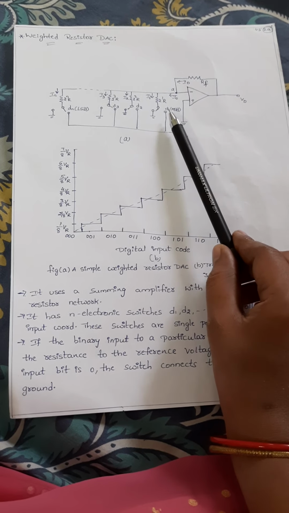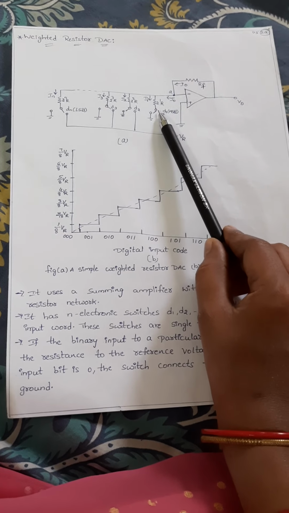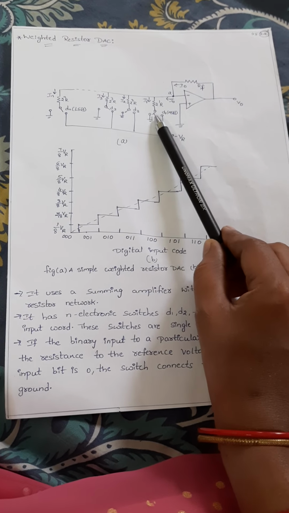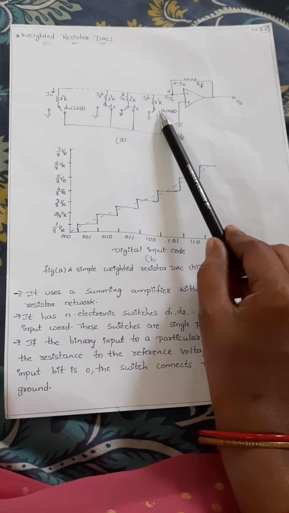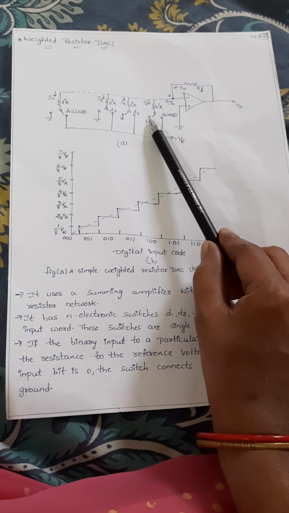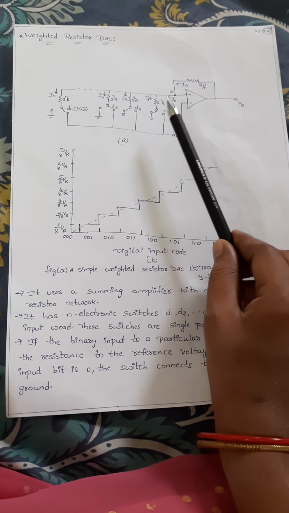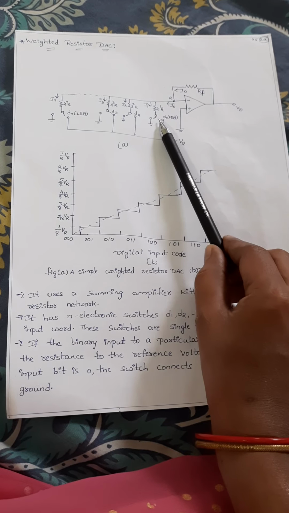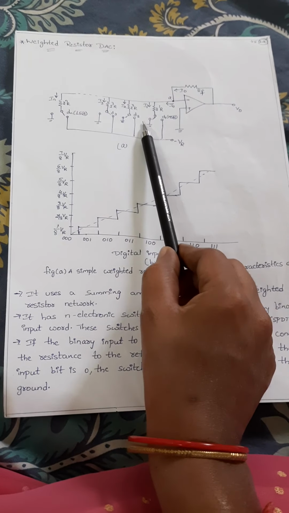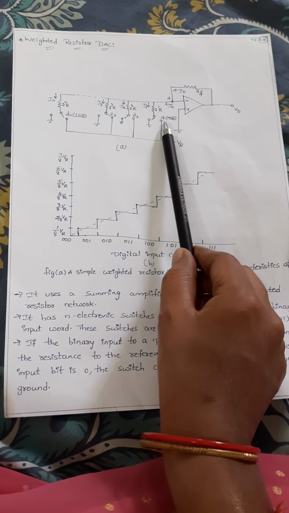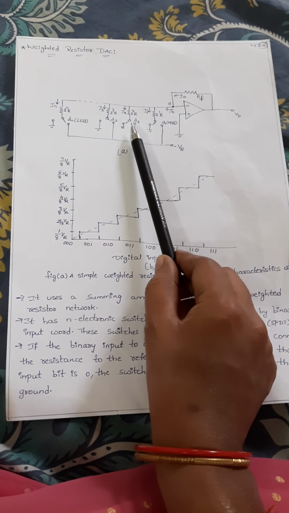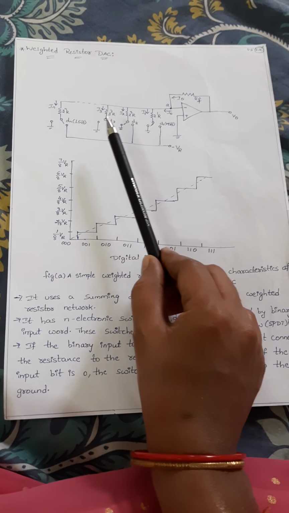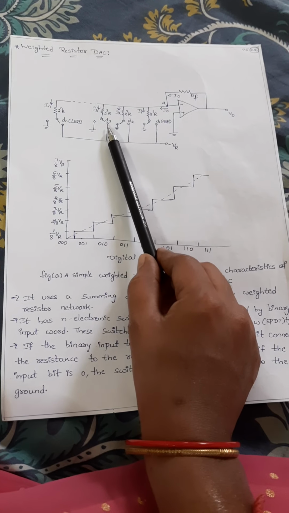If D1 is 0, at this switch point it should be connected here. Whenever D1 is 1, this should be connected over here. See what we have drawn in our circuit: D1 is connected to 0, D2 is connected to 0, D3 is connected to minus VR.